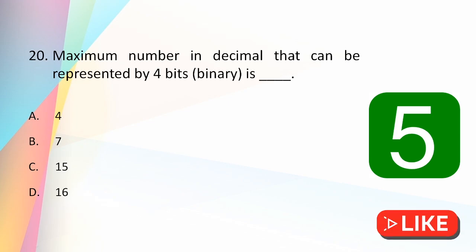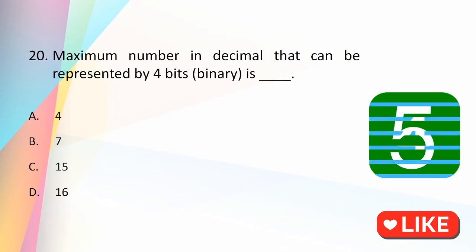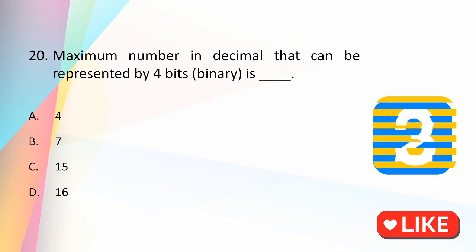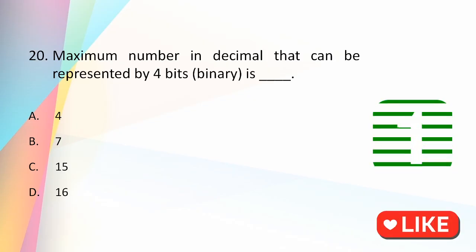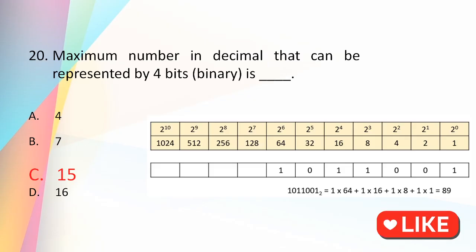Maximum number in decimal that can be represented by 4 bits in binary is: 4, 7, 15, 16? And the answer is 15. The maximum number that can be represented using n bits is 2 raised to n minus 1.